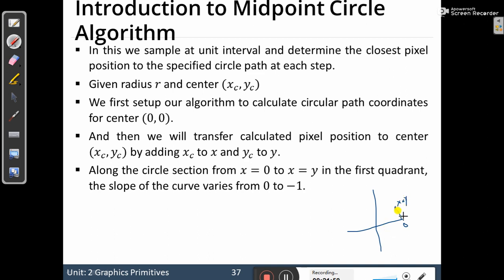In that way the slope will become -1 at that point. At this point the slope will be 0.